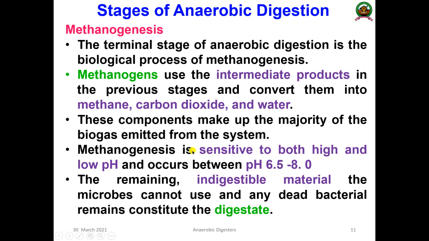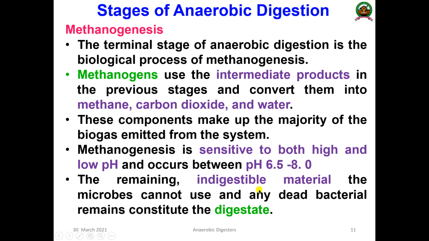Methanogenesis is a very sensitive process to pH. Okay, if the pH is very high, it will be a problem. If the pH is very low, then it is also a problem. So it takes approximately 6.5, slightly acidic, to a slightly alkaline 8 actually.